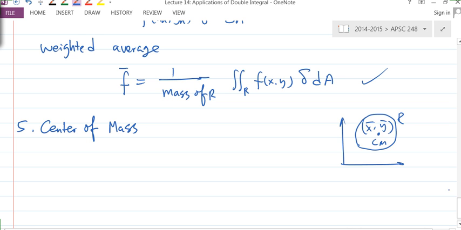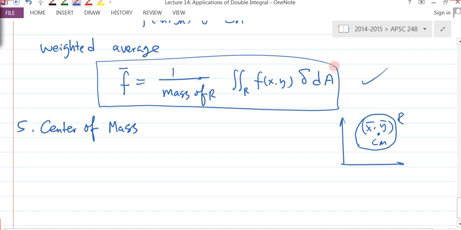The center of mass can be derived very naturally from this expression. If you look at the expression here, I'm going to do a very simple substitution. I'm going to let f of x,y equal x. Then I'm going to substitute this f of x,y into this expression.